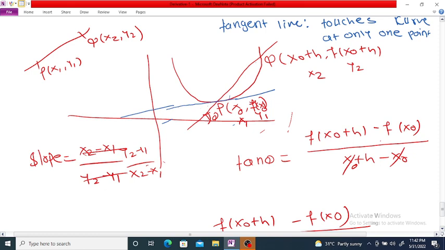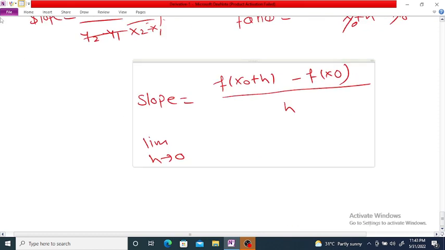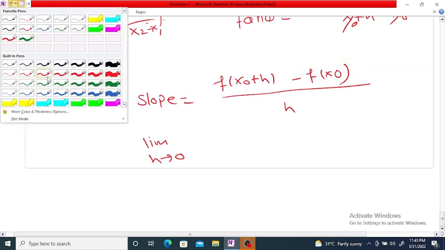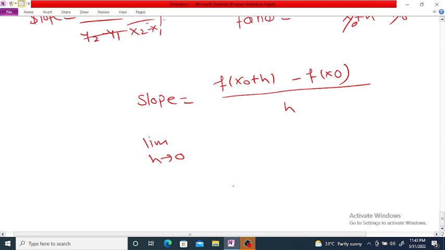But when you take h tends to 0, then this line is a tangent line at P. So when we take the limit as h tends to 0, it gives the slope of the tangent line.